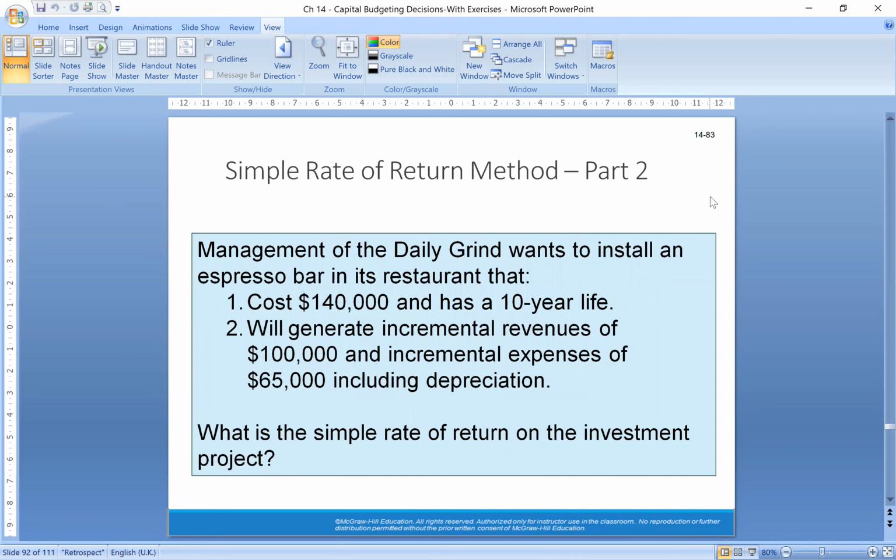What is the incremental net profit? We have the additional revenues from this project and the additional expenses from this project, so the difference is the incremental net profit.